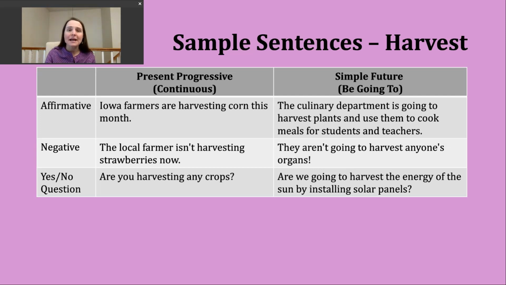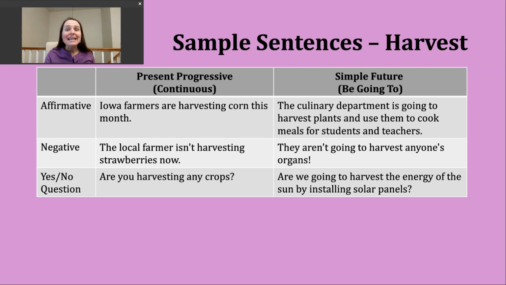So you can see that in my example here. The culinary department is going to harvest plants and use them to cook meals for students and teachers. Okay? So here, some future plan is being discussed. Maybe this is a new project for a particular school's culinary department in this upcoming school year.